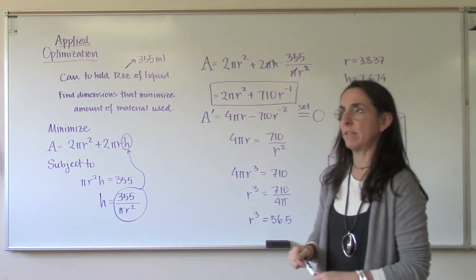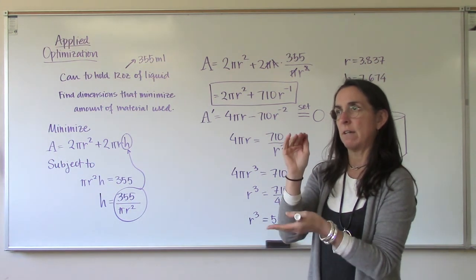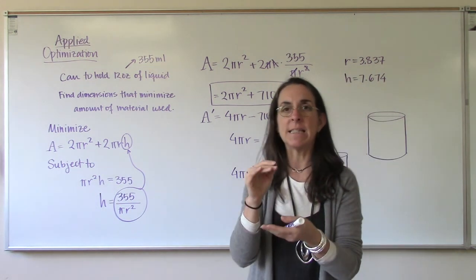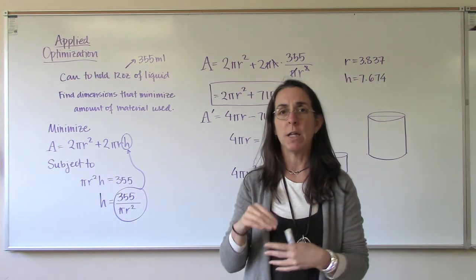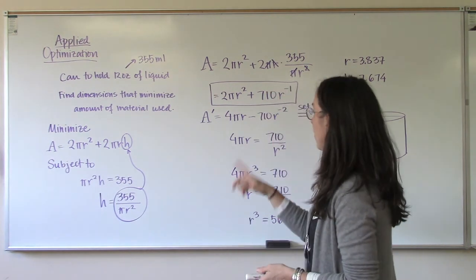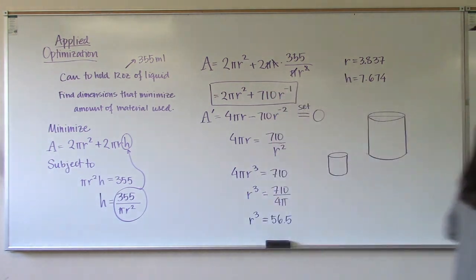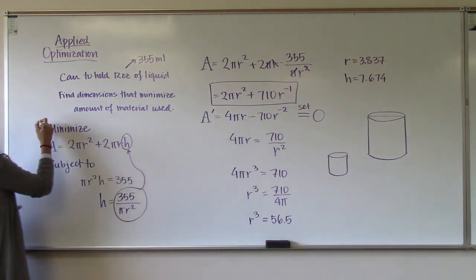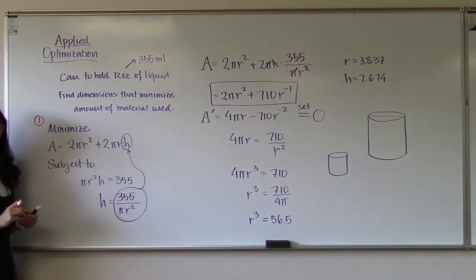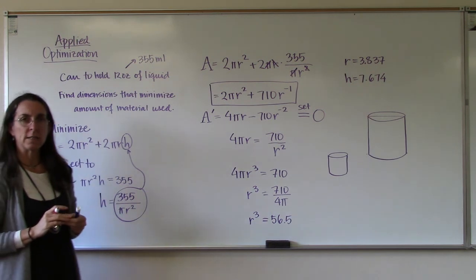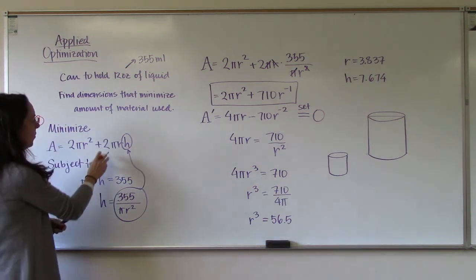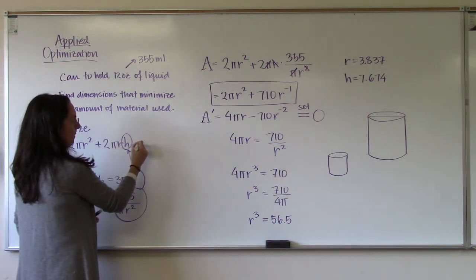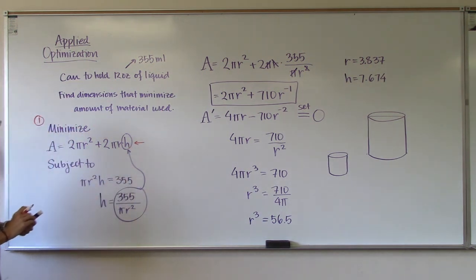Let's look at what we did here and try to come up with a list of here's what you do to solve one of these. So what did we do here? We decided on the function that we were going to optimize, and to do that we had to look a few things up, right?